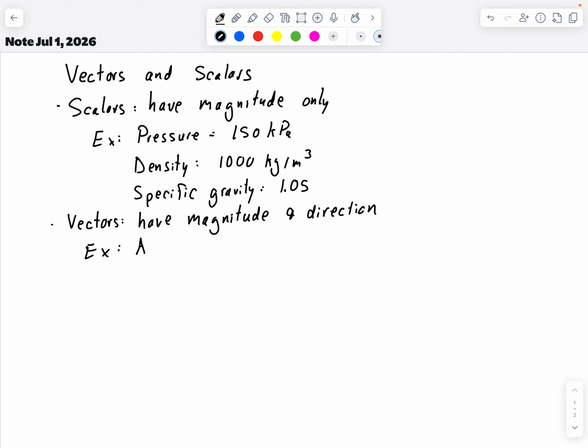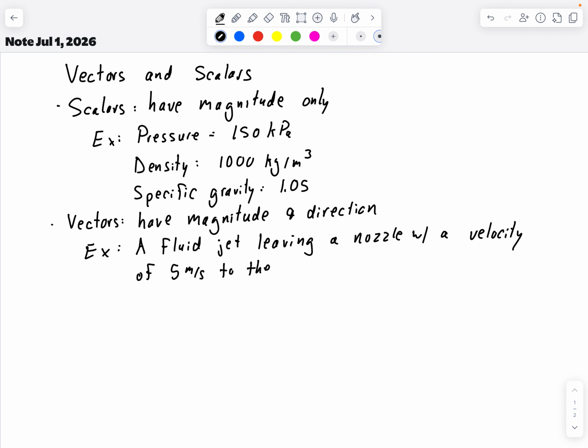An example would be a fluid jet leaving a nozzle with a velocity of 5 meters per second to the right, which we'll say is along the positive x-axis.